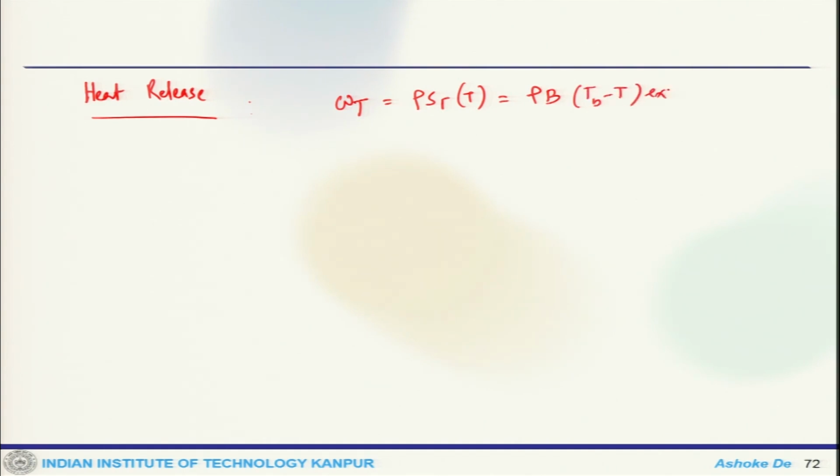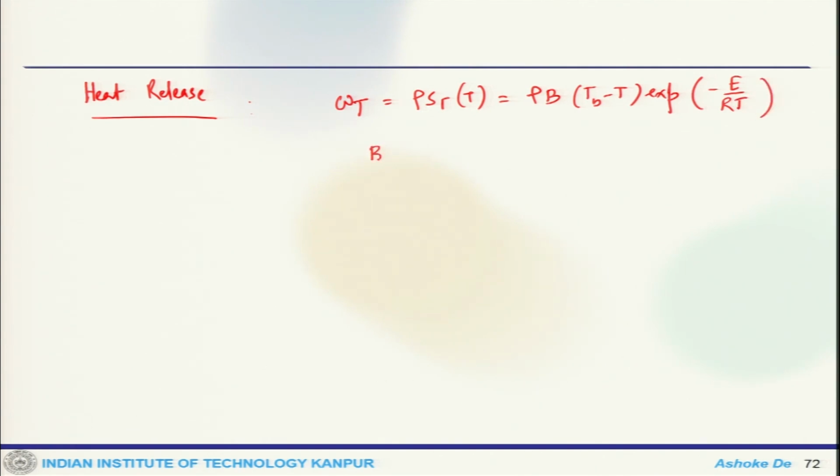Now, we can write our heat release. The heat release term, one can write as Wt, rho St of T, which is rho B (Tb minus T) exponential minus E by RT.